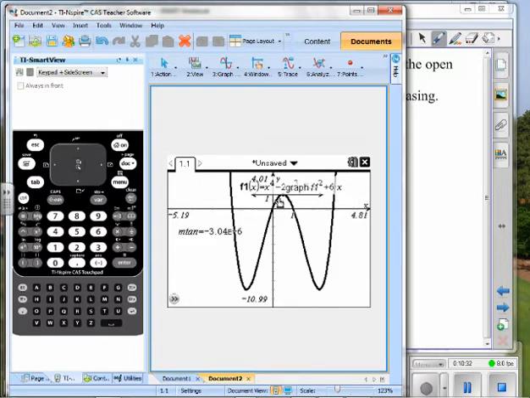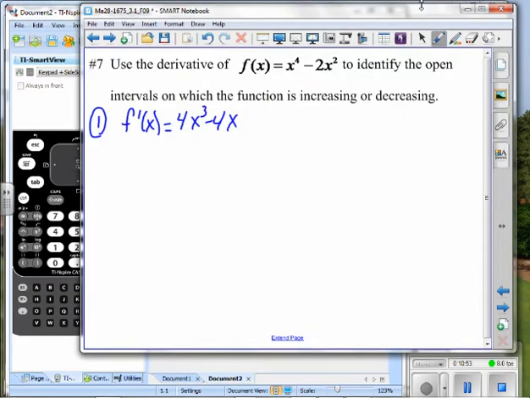We're going to find out where the derivative has 0 values. If I know where the zeros are, then I test on either side of those, and I can then determine if it's increasing or decreasing on either side of the point where it is 0. So the second thing we're going to do is set the derivative equal to 0.